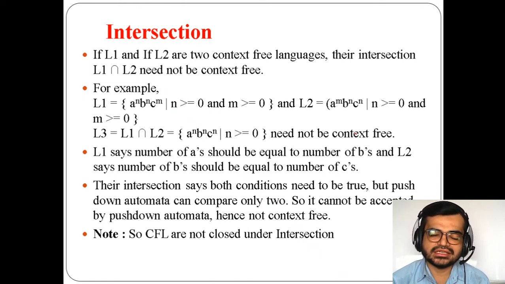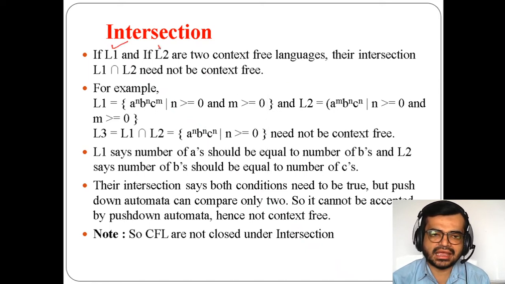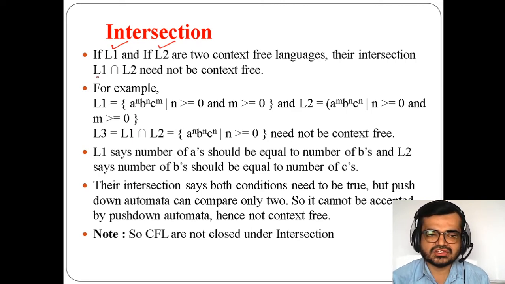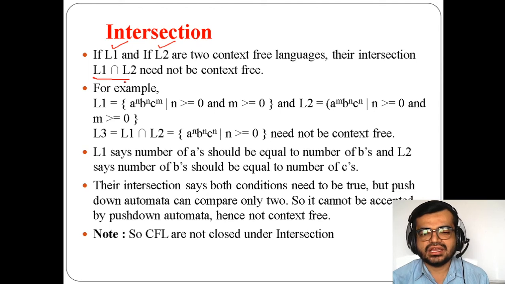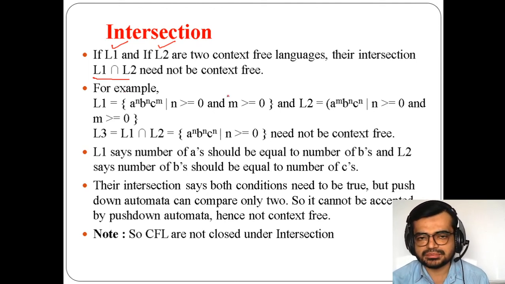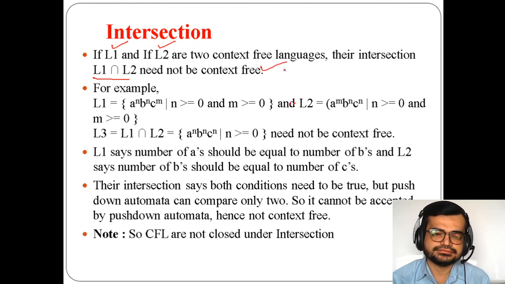As you know, the input should be a context free language, so we take L1 and L2 as context free languages. What intersection tells us is that the result need not be a context free language.